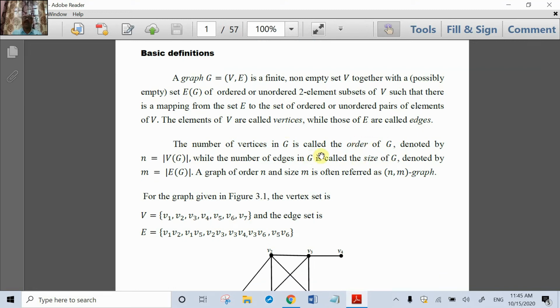The number of vertices is called the order of G denoted by n, while the number of edges in G is called the size of G denoted by m.